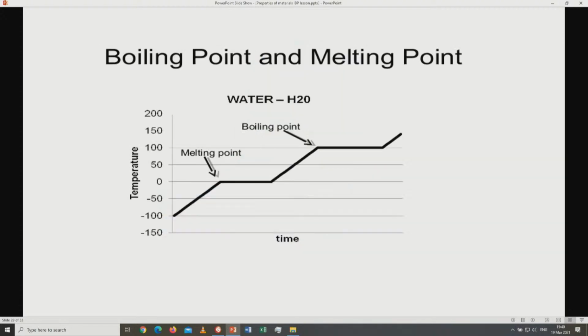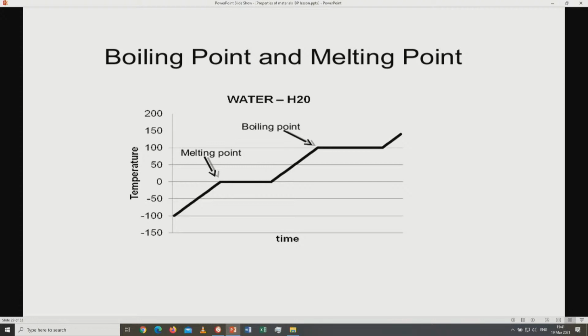And now let us look at the graphical representation of the melting point and the boiling point. So the first thing is that when you talk about your boiling point or your melting point, temperature is involved. Let's say you have an ice cube of water and you want to change it to a liquid form.